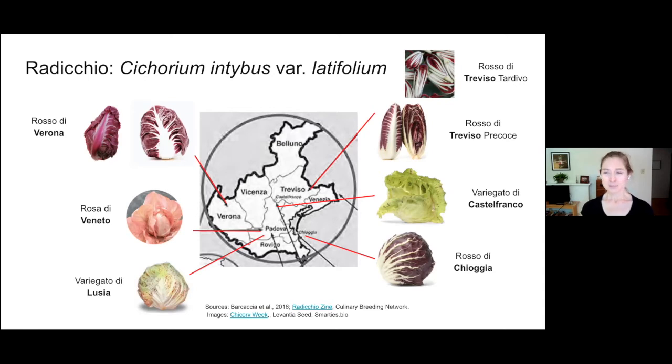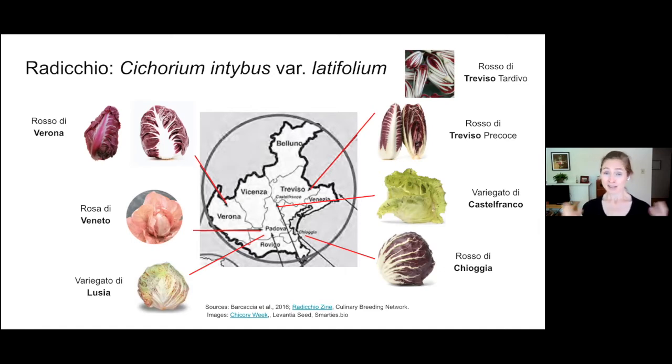And from a plant breeding perspective, it's a really cool illustration of regional differentiation based on selection by different people in very close but different places. So the original Radicchio was this Rosso di Treviso Tardivo up on the upper right side. That was started to be developed, they think, in the mid 1500s.